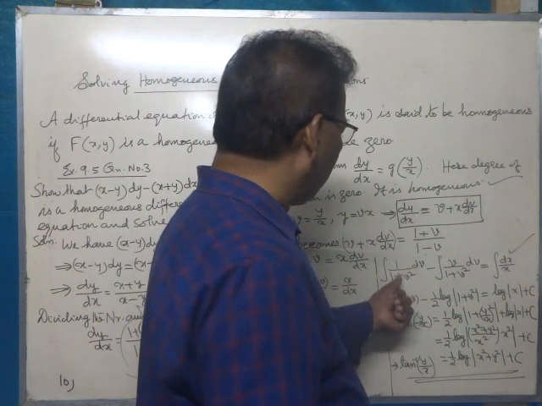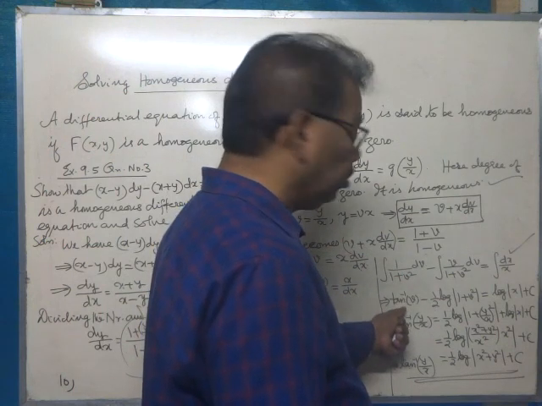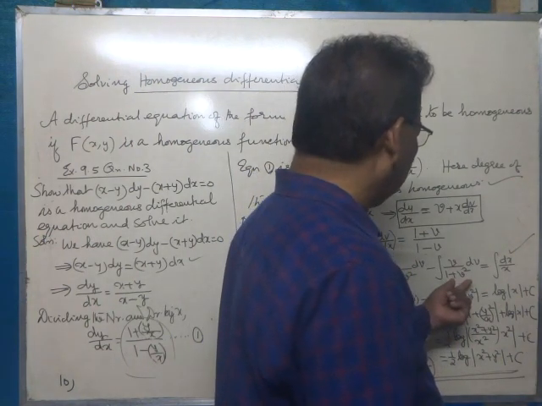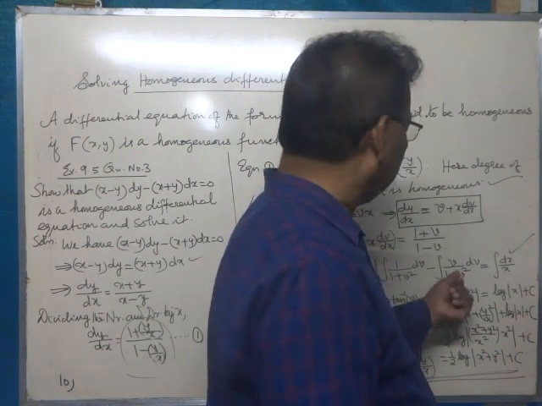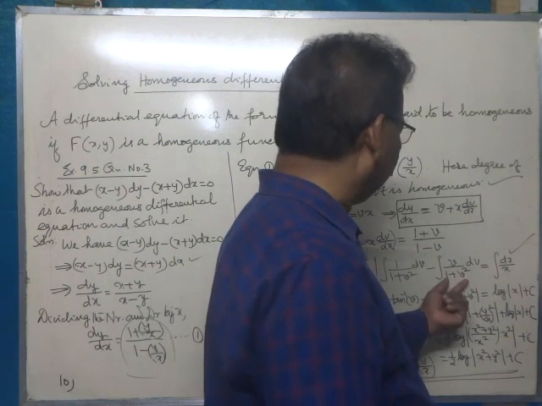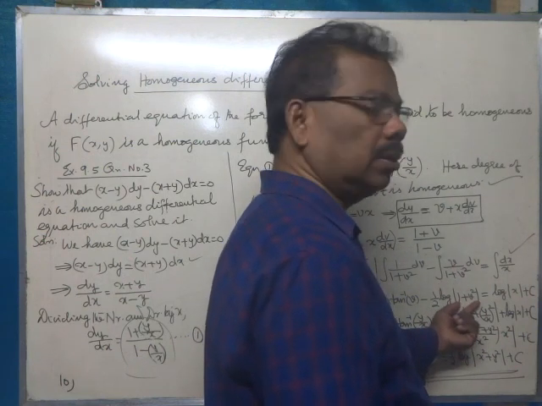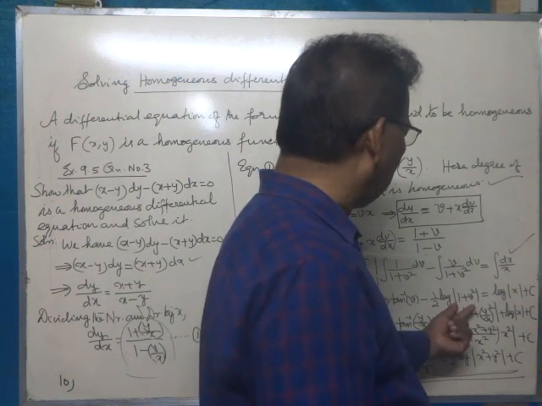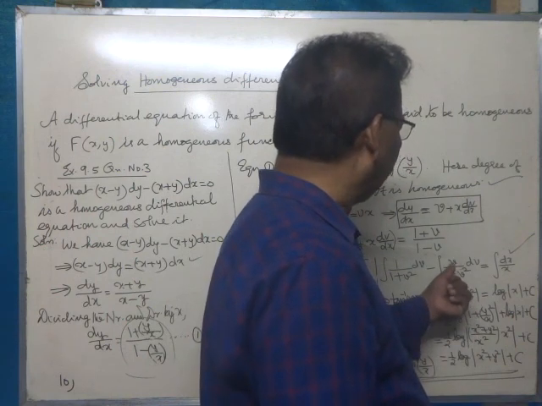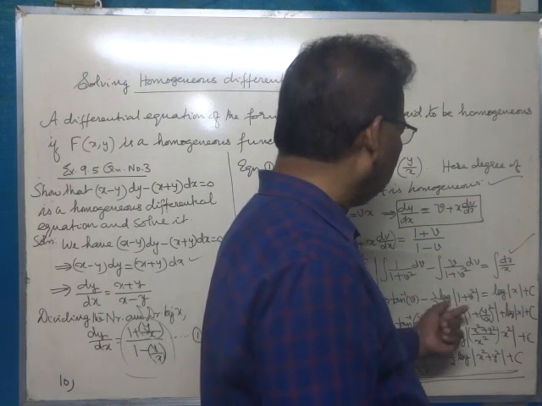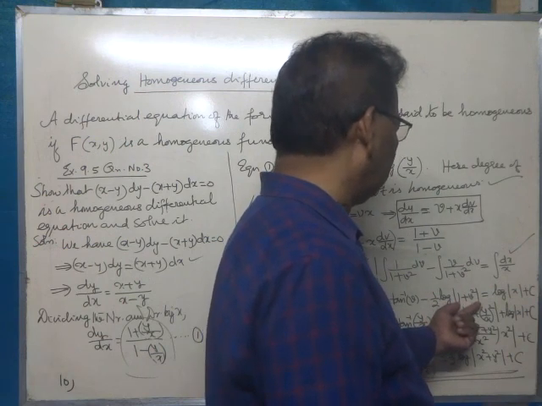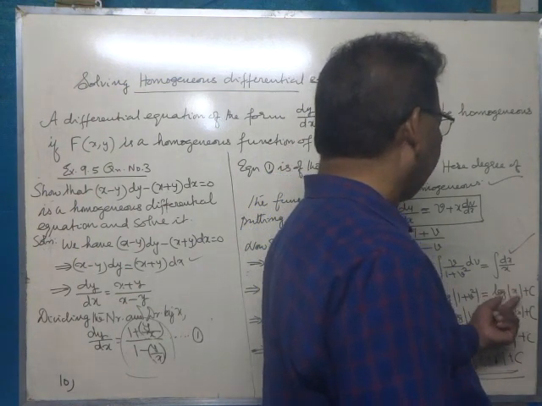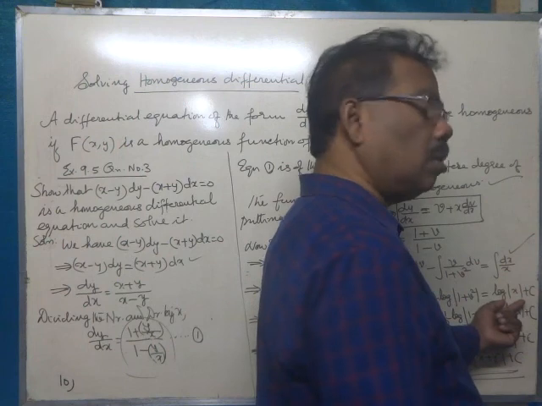Here it is 1 by (1 plus v square) dv, therefore it will be equal to tan inverse v minus, the derivative of the denominator is 2v, but we have only v. Therefore, on integration we will get half log (1 plus v square). If it were 2v dv, the result would be log modulus (1 plus v square). Here it is v, therefore half log (1 plus v square). Tan inverse v minus half log modulus (1 plus v square) is equal to integral dx by x, that is log modulus x plus c.